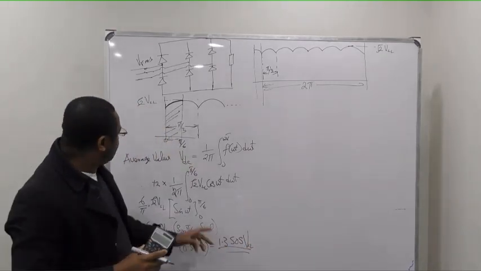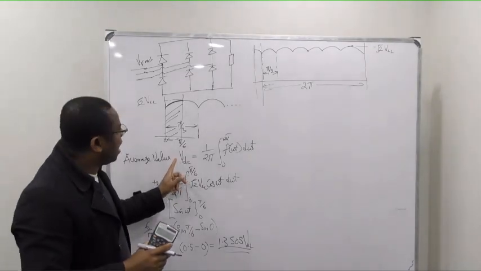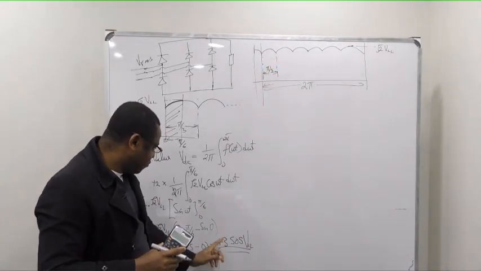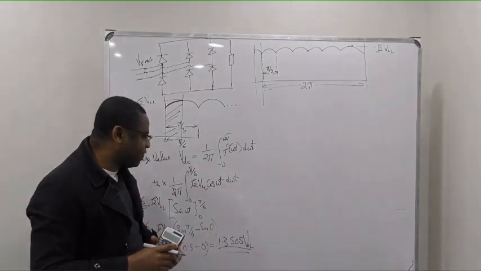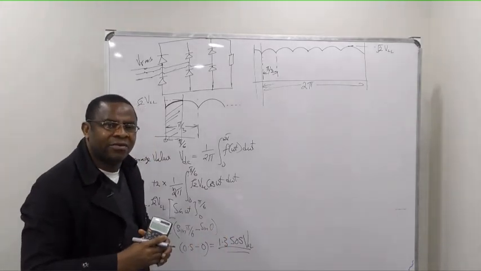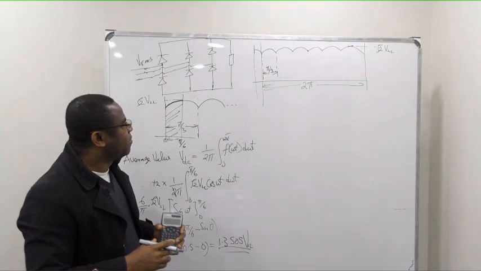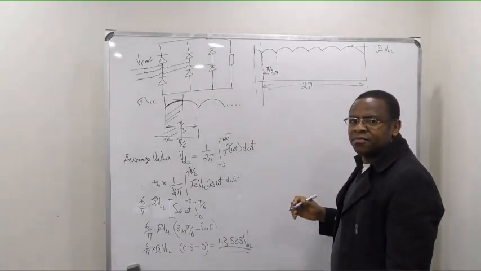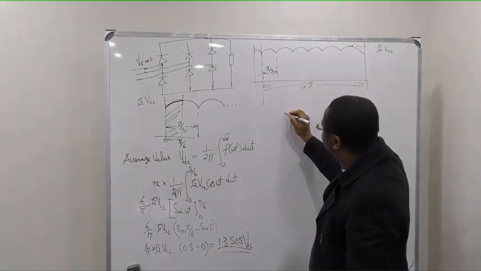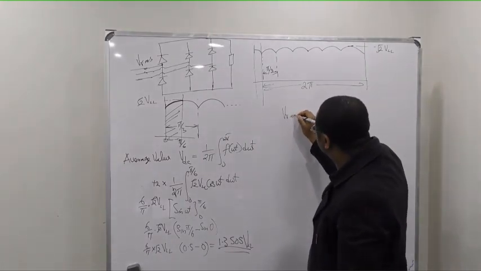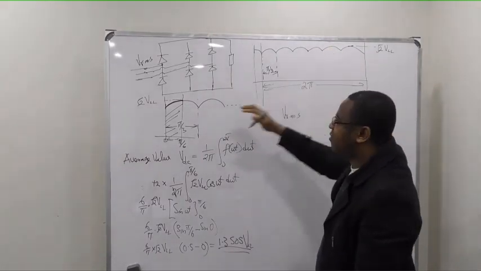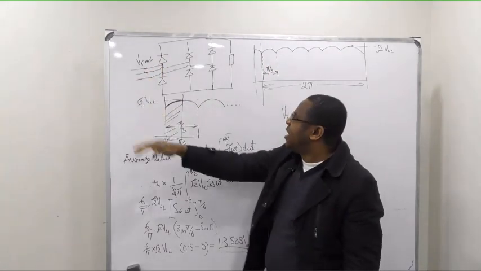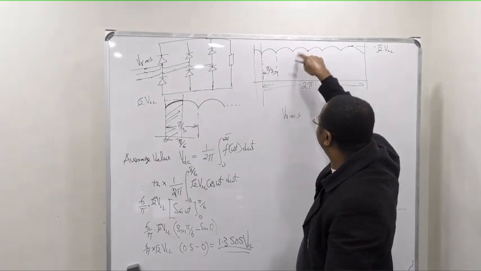So that means the VDC for this signal is the same thing as 1.3505 VLL. Now, what about the RMS value? VRMS for this signal, not this one, this is the input RMS. Now we're talking about the RMS of this signal.